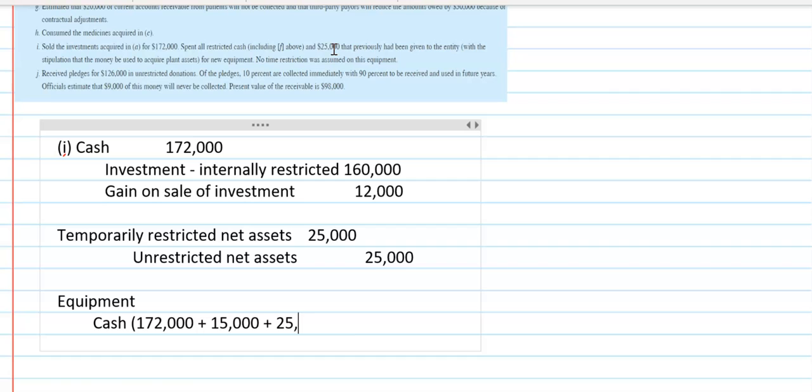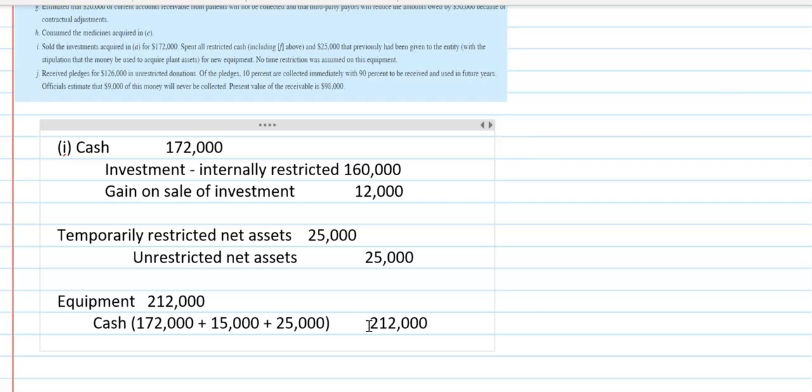So now you add all these three, 172 plus 15 plus 25, which is 12,000. So this is the total purchase price or you spend for the equipment. So I recorded my equipment purchase entries.